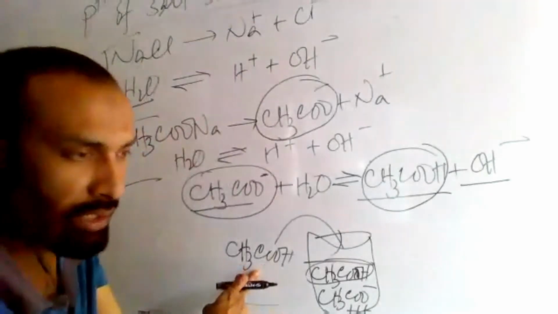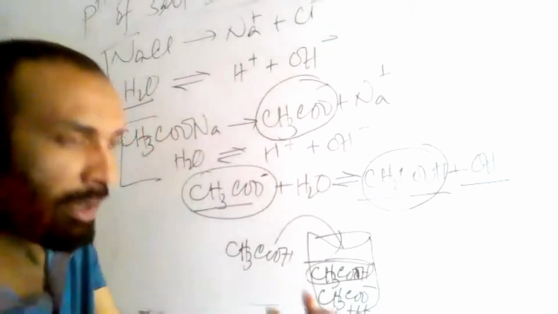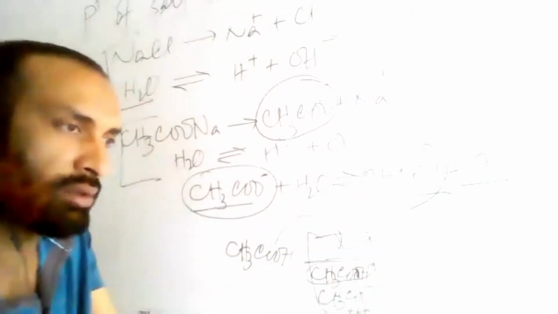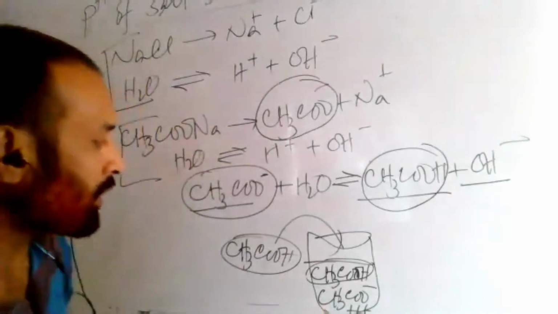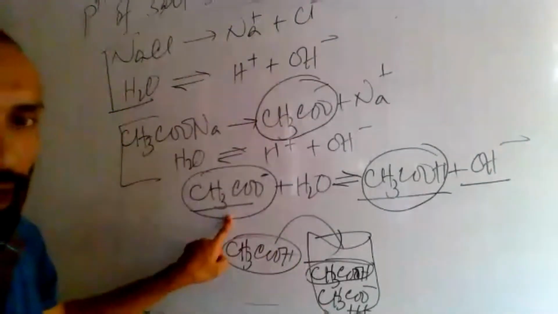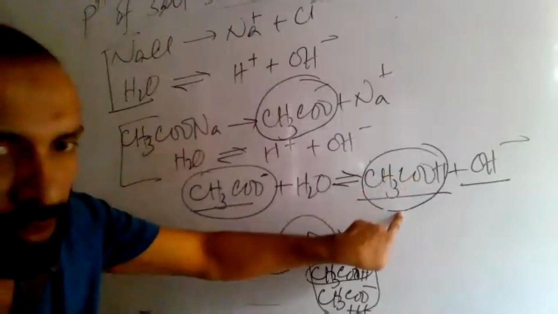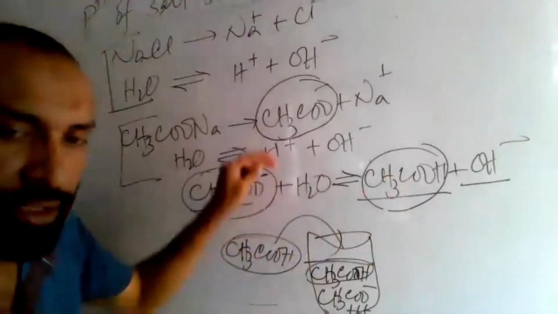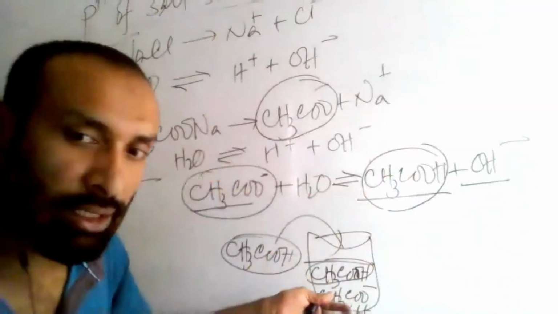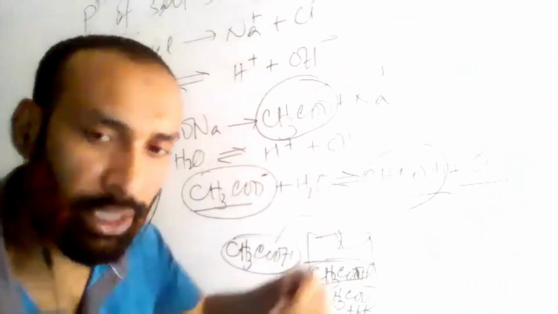A weak acid remains as molecules because it ionizes only very slightly, which means that when you have these two together, this one is more stable. So when you add ethanoic acid, it mostly remains as ethanoic acid.